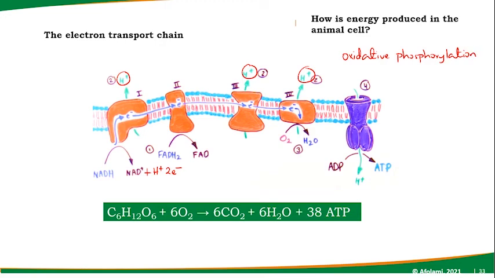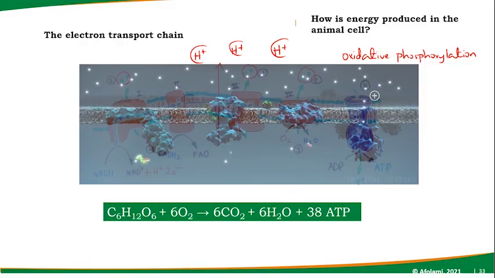So during oxidative phosphorylation, what happens? As a result of the proton gradient, there is an electrochemical gradient that is formed across the membrane. Why? Because in the intermembrane space, there are so many protons compared to the inner matrix of the mitochondrion.